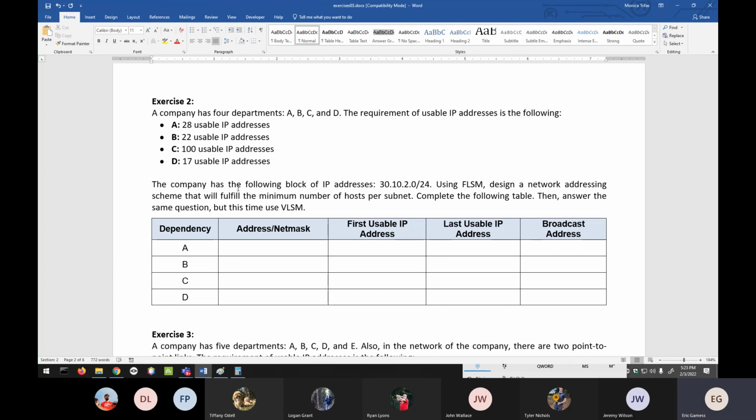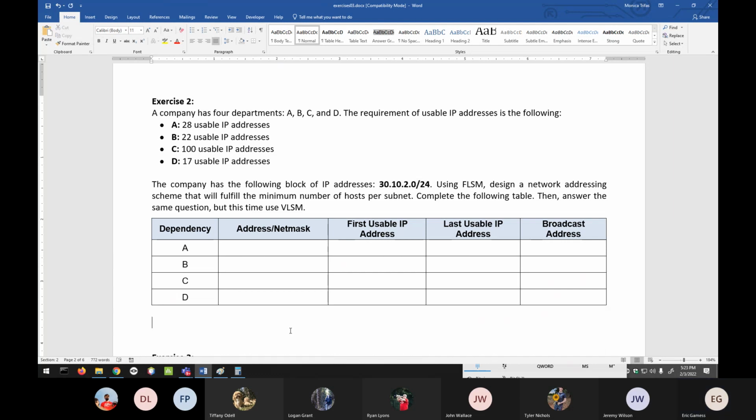Okay? So look, if the network that I have is this network, how many IP addresses do I have in this network? I have 2 to the power of 8, which is exactly 256 IP addresses. If I give A 128, give B, give C, give D 128, how many IP addresses will I need?